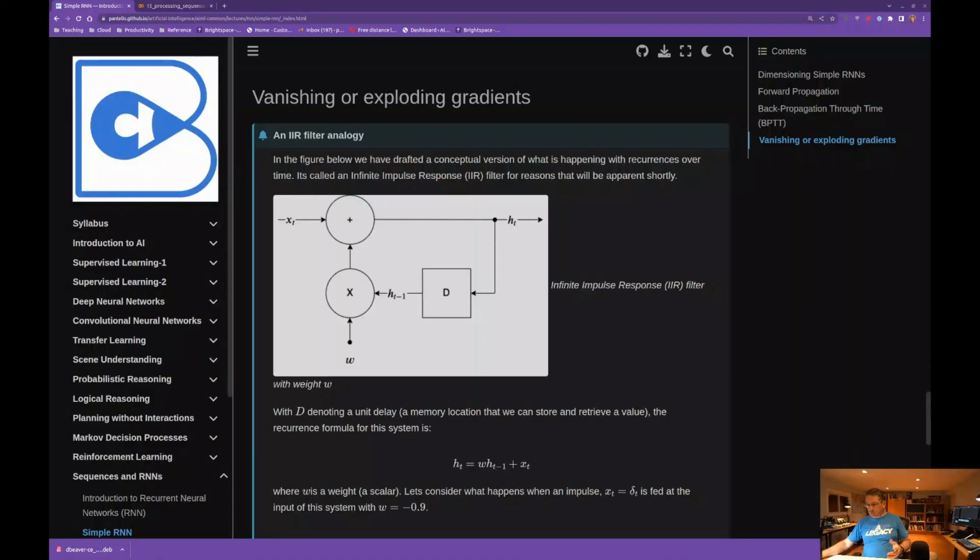And for those who want to remember a simple example to demonstrate this kind of exploding and vanishing gradients, without having to involve yourselves in matrix decomposition and eigenvalues and so on, I have provided here a simple block diagram of what is effectively called an infinite impulse response filter, but you don't necessarily need to remember that.